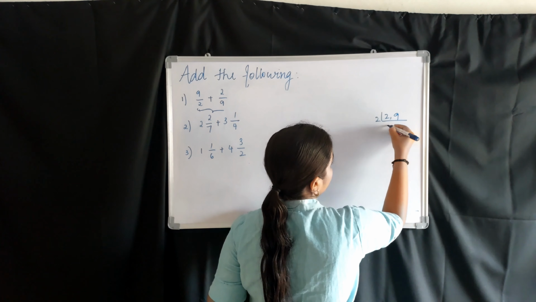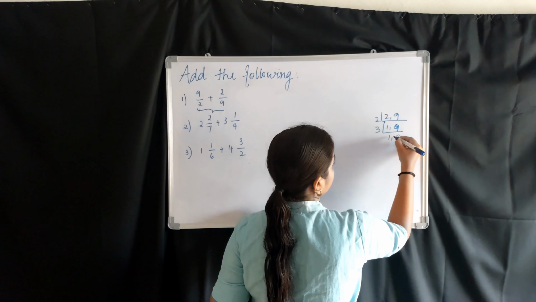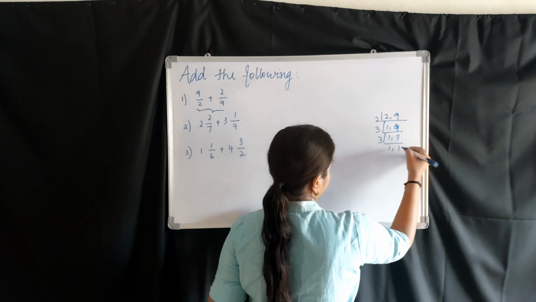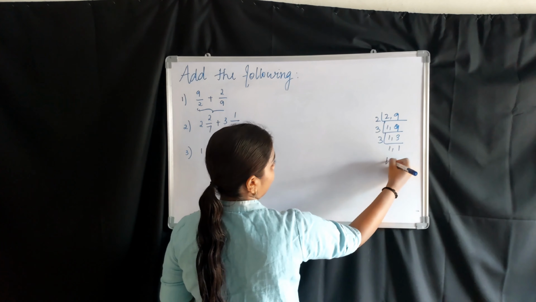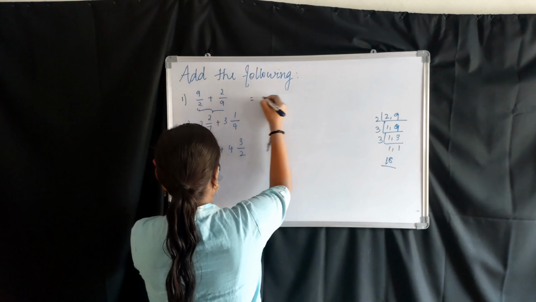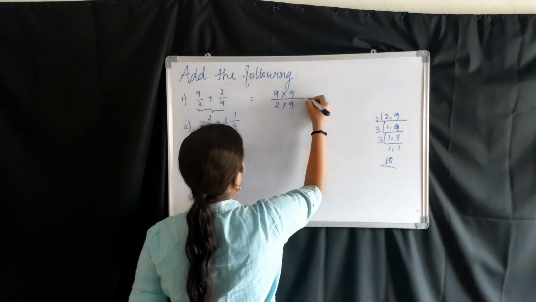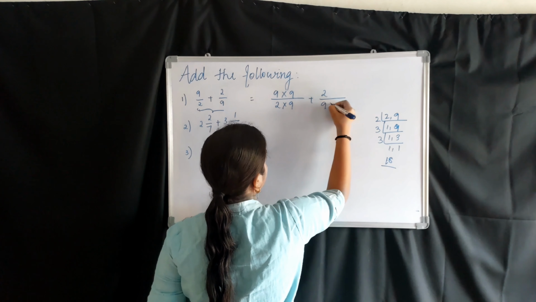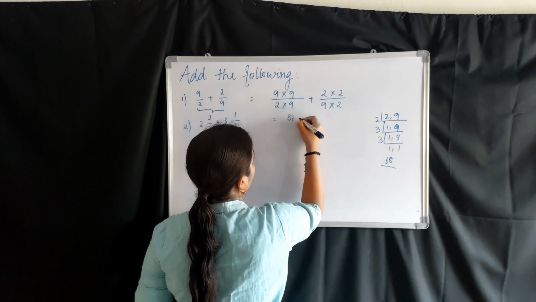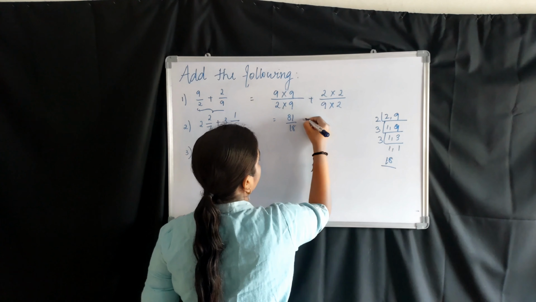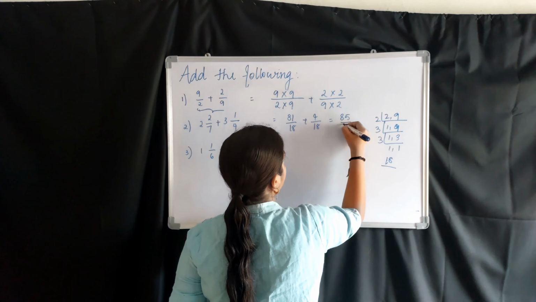The LCM of 2 and 9 is 18. So I'll have to make the denominators 18. This becomes 81 by 18 plus 4 by 18.